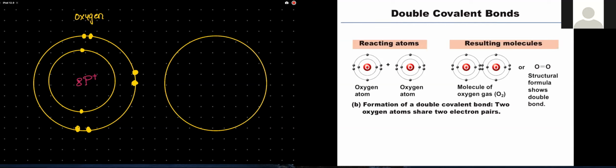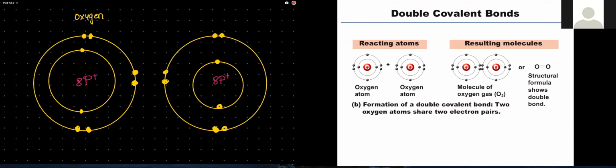So I will find another oxygen in the same situation as mine. So it has 2 electrons innermost and 6 electrons in the outermost energy level.